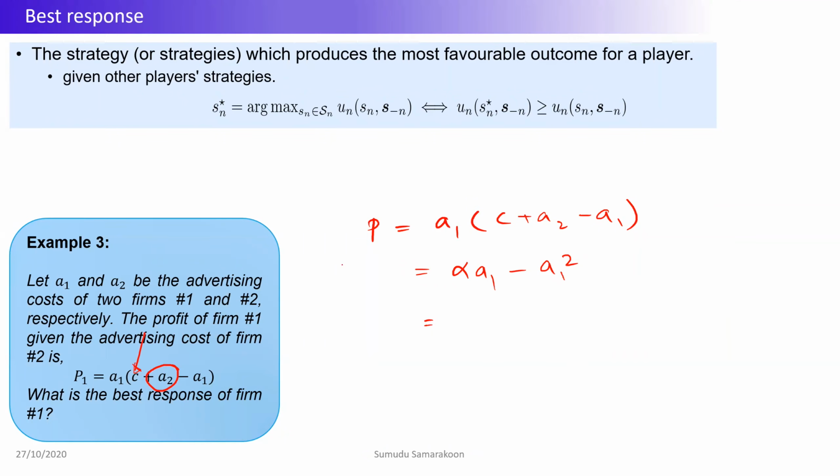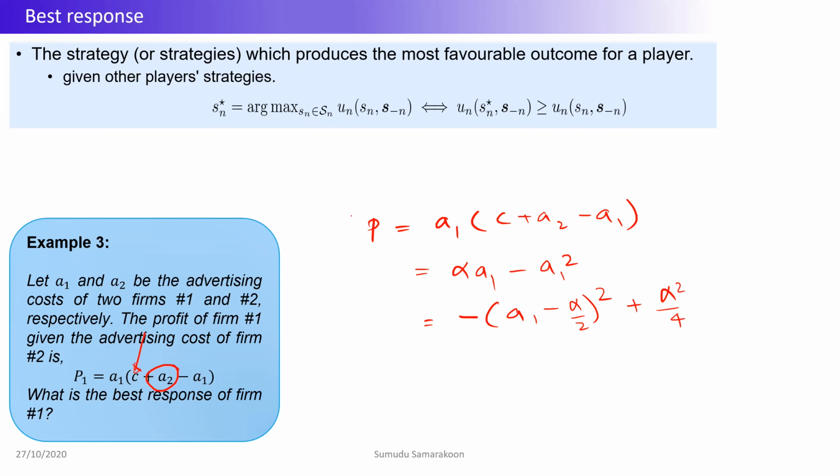What we are looking for is to maximize P, right? So basically, we can write this as minus (A1 minus alpha over 2) square plus alpha square over 4, if I am right.